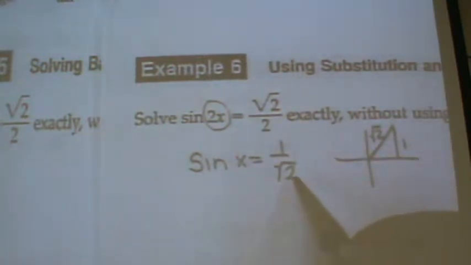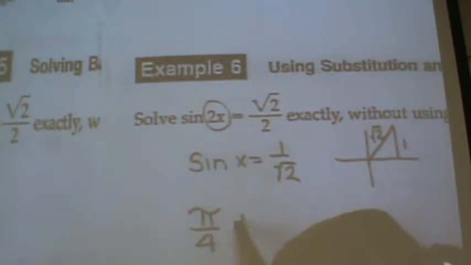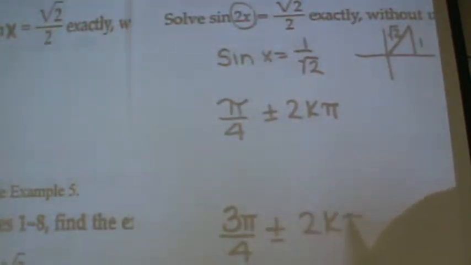What angle am I? Pi over 4. And what other answer did I have? 3 pi over 4. Now, these would be the answers if this were a 1x.